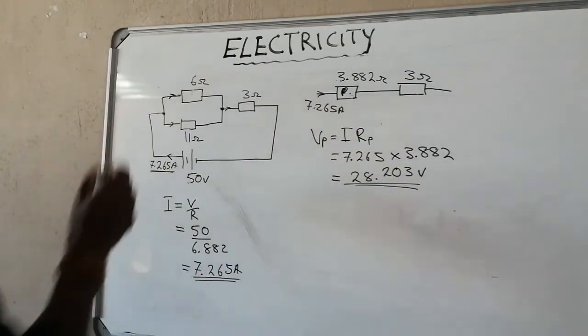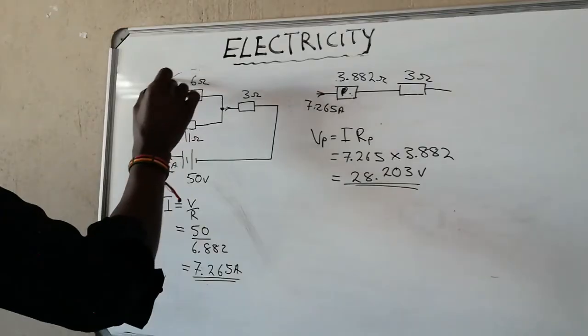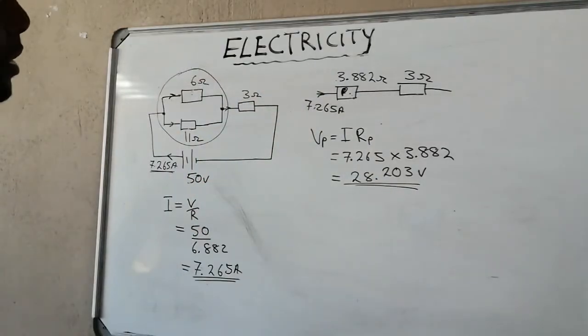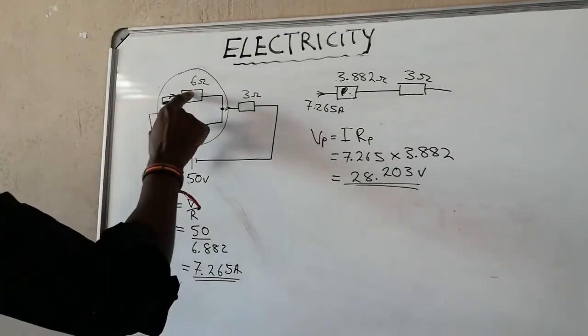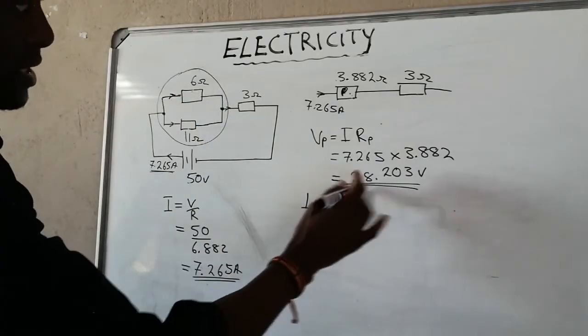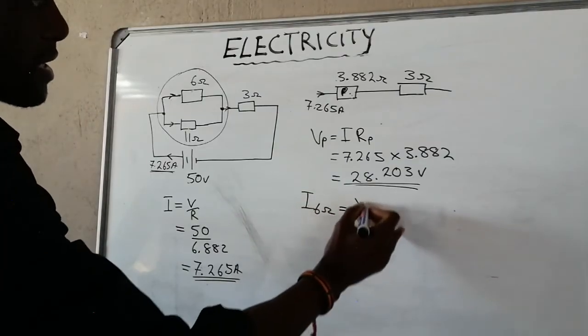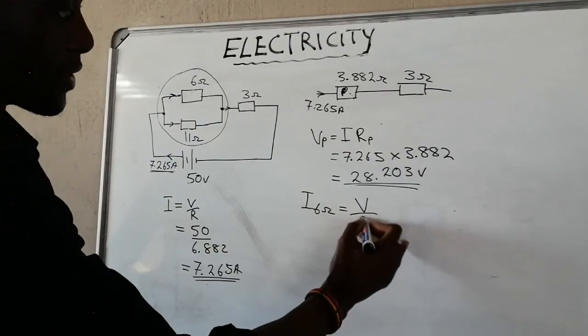So now that we know the voltage across these two is 28.203, we can calculate how much current there is using this. Current across our 6 ohm resistor is the voltage over our resistor.